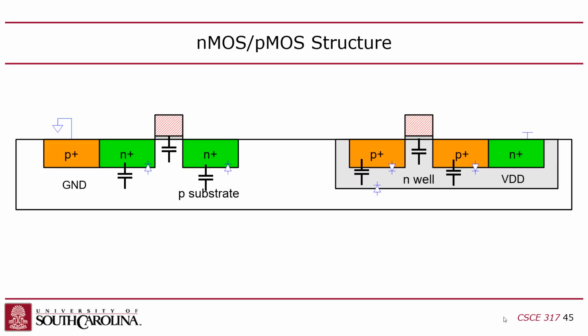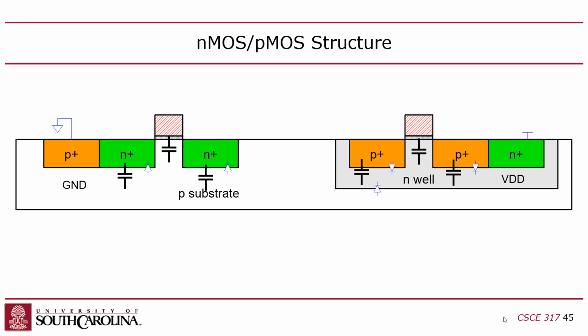So what is the gate? The gate is the input. The gate of the transistor is connected to the inputs of the logic gate, right? However, the outputs of the logic gate, the thing that's actually pulling up and pulling down, that's the source and drain, right?